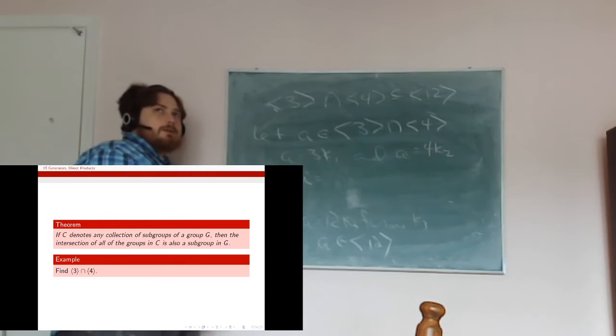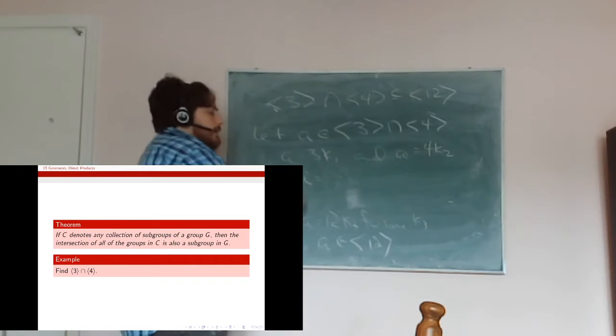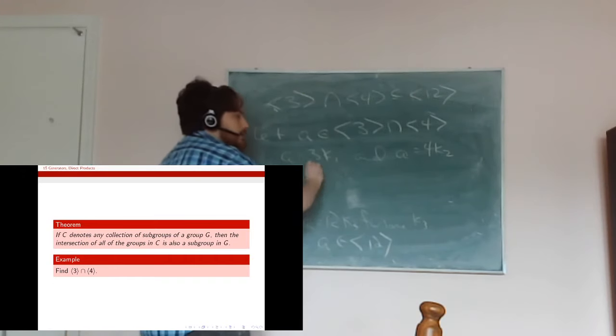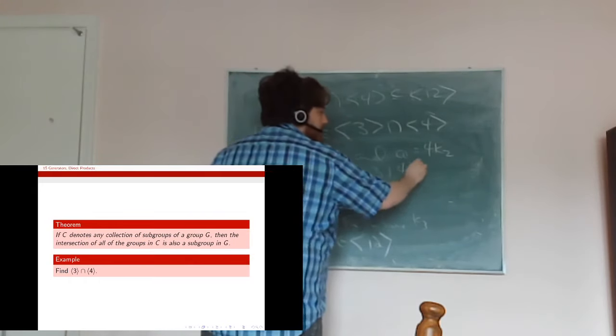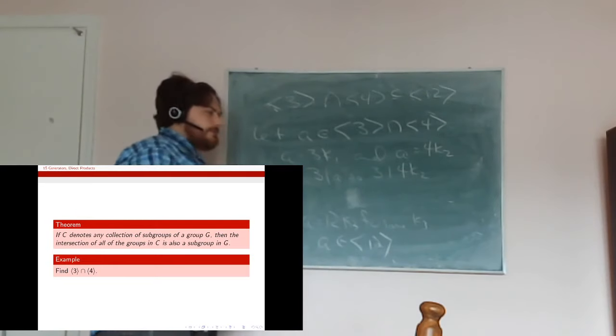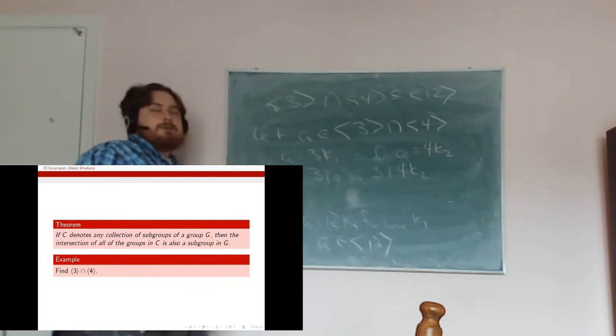So I actually have to be a little bit more creative. What I notice is that 3 divides a, so 3 divides 4 times k2. So I'm going to need to use that.